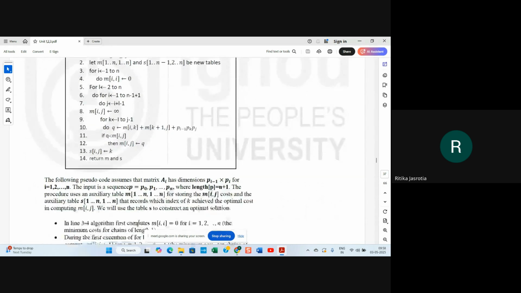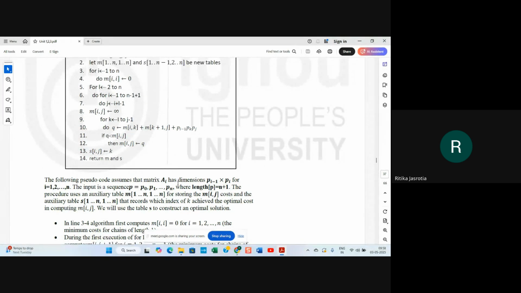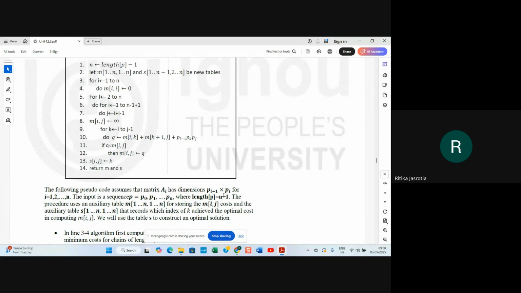So what they are explaining here is the following. The pseudocode assumes that a matrix Ai has dimension p(i-1) times p(i) for i equal to 1 to n, right? So these are the dimensions for your Ai. The input is a sequence p equal to p0, p1 up to pn, where p.length is equal to n plus 1.